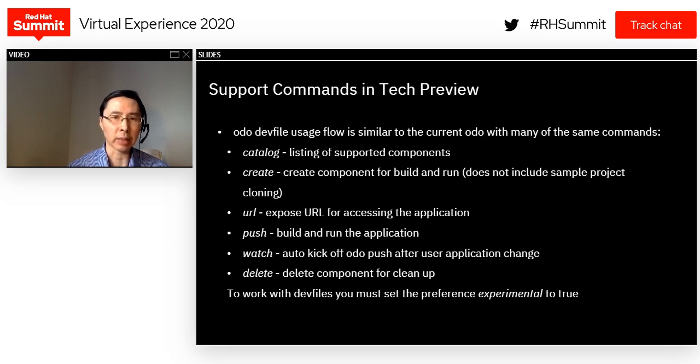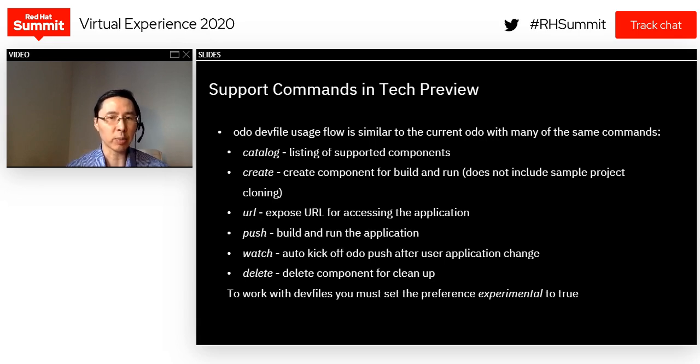So the first command that we are supporting is catalog. Catalog provides a listing of the components, basically knowing which frameworks you have. Some examples of the components can be Node.js applications, or Spring applications. So you can tell Odo what type of application you have, so that we can do the proper build for you. And then the other is create component. This is where the actual linkage is.